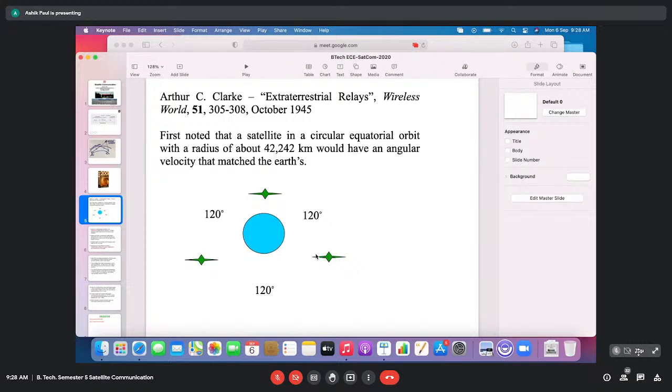Now, why do we try to achieve that condition? I mean, what advantage does it give us if we can locate an artificial object in space which has the same angular velocity as that of Earth? The important advantage of that kind of a setting will be that that particular object will be moving with the same angular velocity as Earth. So that means it will always be visible above a certain point.